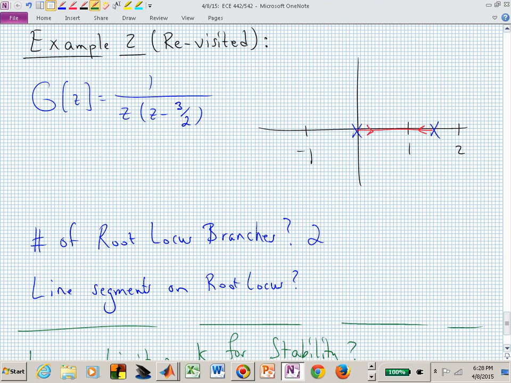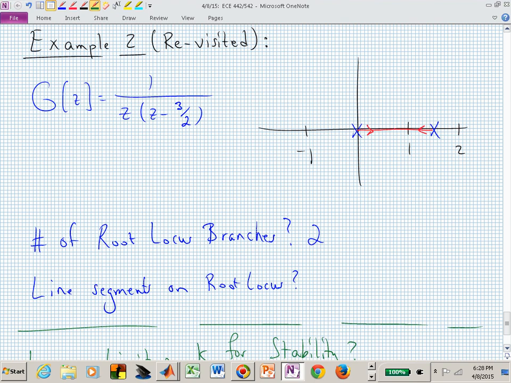Do you see what, well, we've already talked about the breakaway, haven't we? Rule 3. You know where the breakaway is going to occur. I hope you realize that's going to occur to the left of z = 1.